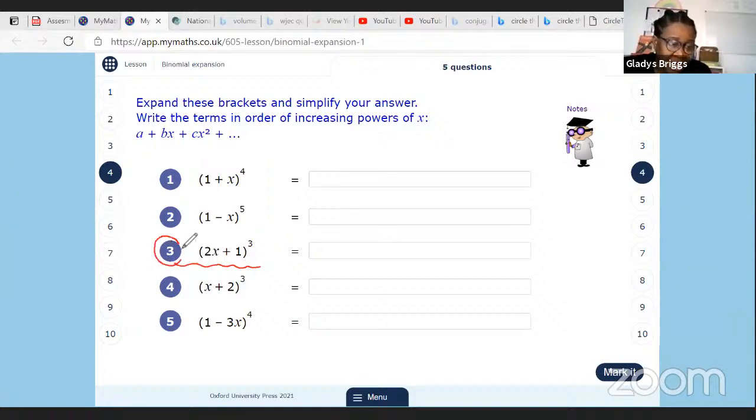See if you can expand it. You know that is x to the power of 3. You're going to be using the third line. Okay, and I'm going to put one in your module assessment now for you. Assessment 8A. And you can do that now in class.